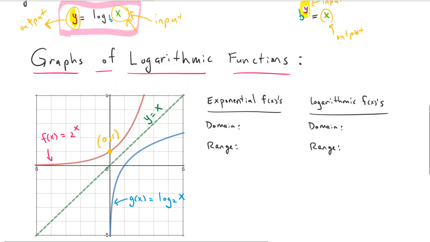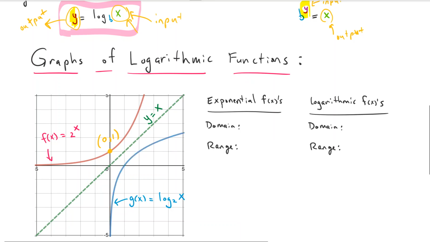And this graph is no exception. We see a line y equals x, the green line in the middle here. And we also see the inverse function, the logarithmic function that corresponds to the exponential function of 2 to the x, and that's graphed right here in blue.